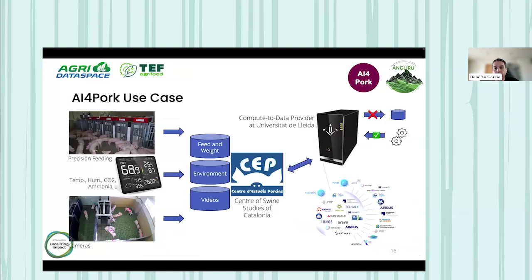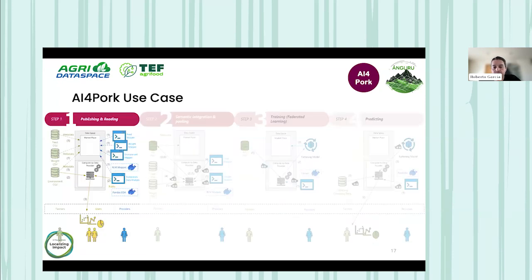Beyond that, we are also exploring other use cases, and these are more related with data integration. For instance, here we are collecting data from the feeding machines. The problem is that this data comes in very different formats. Each feeding machine has different formats for the data.